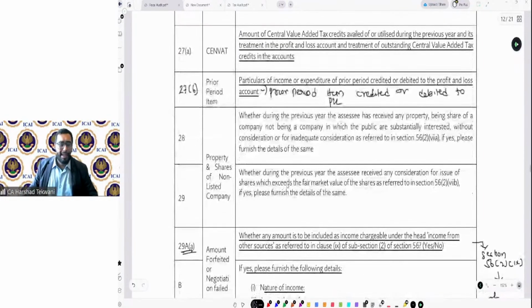Then clause 28, profit and shares of non-listed company. That is again part of the IFOS 56(2)(x) and 7B.